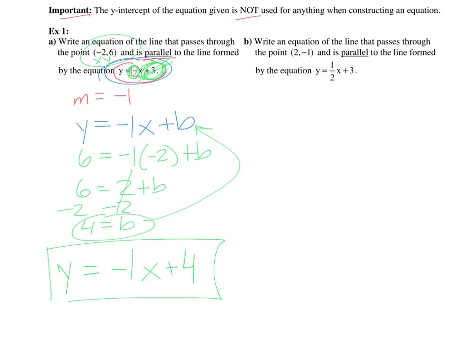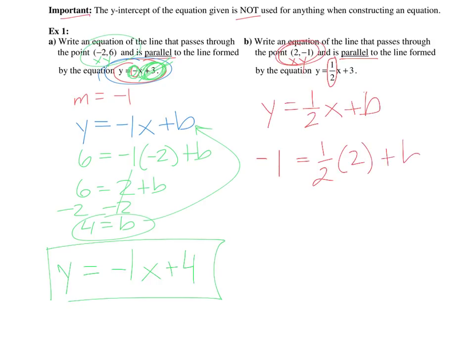Let's do it for another problem. Write an equation of the line that passes through the point 2, -1 and is parallel to the line formed by the equation y equals half x plus 3. Once again, parallel, so I'm going to use the same slope. Now to figure out b, I use my point. This is x and y. So I have -1 is equal to half x, x is 2, plus b.